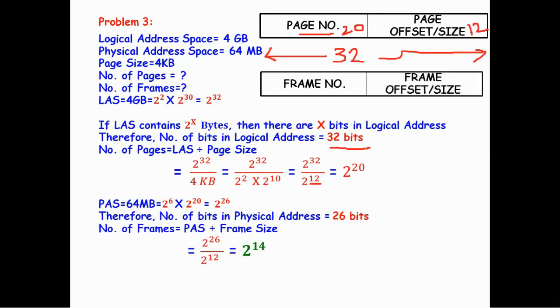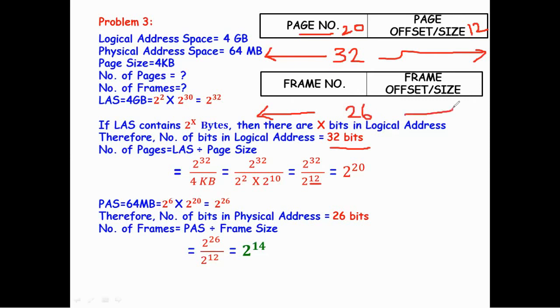The physical address consists of two parts, frame number and frame size. We already know the number of bits used to represent the physical address. The number of bits used to represent the physical address is 26. Here we have calculated.